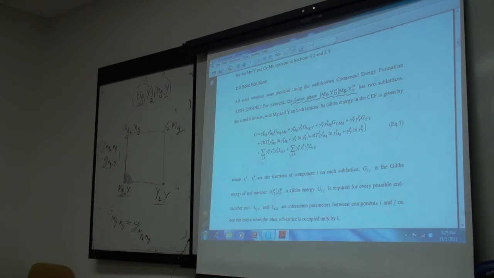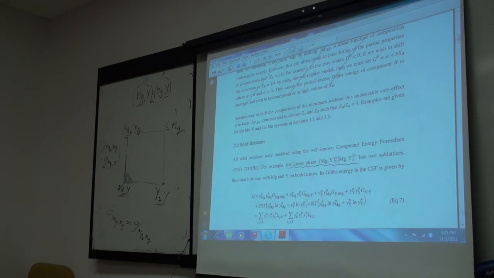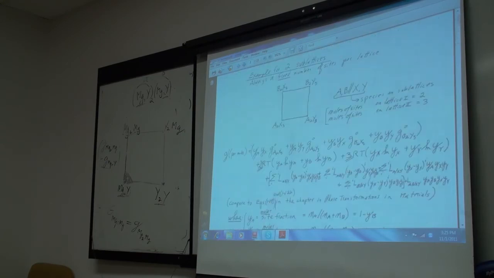Okay, so that's your compound energy formalism as it's normally used. These are the equations you use where you have a fixed ratio of sites on the 2 lattices, as always has to be the case for a solid, and is sometimes the case for a liquid. Now the question is, what do you do if you have, now we're going back to liquid solutions like molten salts, ionic liquids again, and now I'm going to introduce the possibility of having a variable ratio of the number of sites.